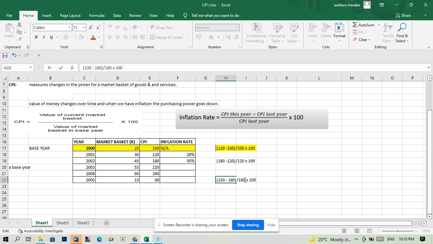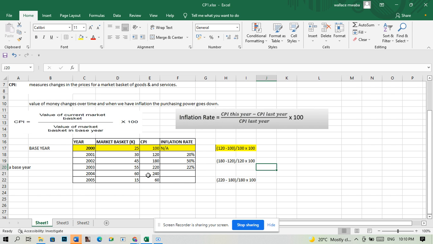So 220 minus 180, that's 40. 40 divided by 180, that's 0.2222, the 2 is recurring, times 100. I'm going to get 22.22%. We'll just round it off as 22%. So there's been a 22% price increment.